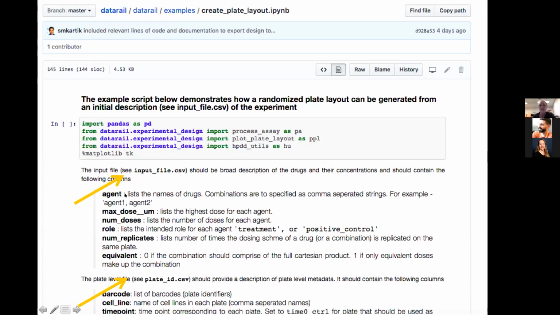But essentially, you input a file that contains information about the agents you're interested in, the maximum concentration, the number of doses you want to look at, the number of replicates you want to look at, as well as your dilution scheme, and a plate ID file that contains information about the number of plates you want to treat. Those ideally should be barcoded, along with what's in those plates in terms of cell line identifiers, as well as the time points that you're interested in querying.